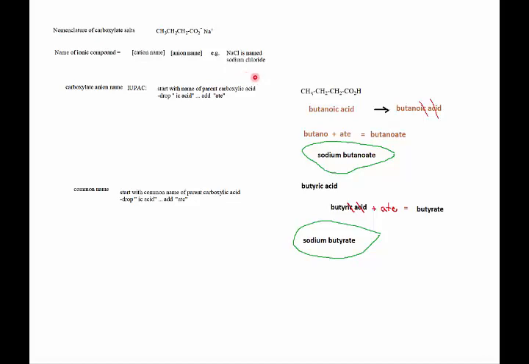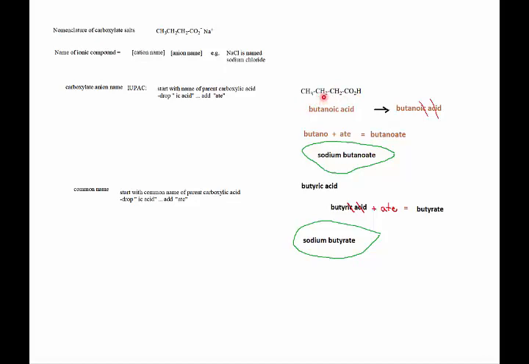Let's look at the IUPAC way of naming it first. The idea is that you want to establish a name for the carboxylate anion, the conjugate base of a carboxylic acid. The starting point is the name of the parent carboxylic acid. The IUPAC name for this 4-carbon acid is butanoic acid.